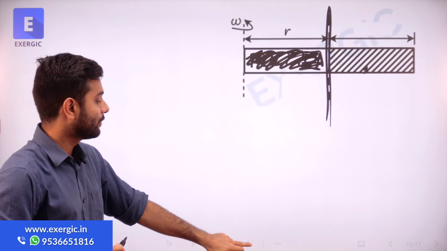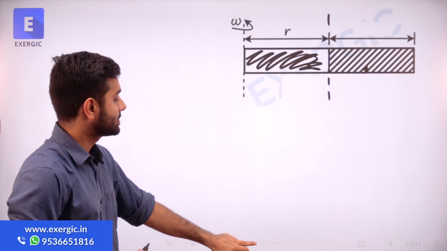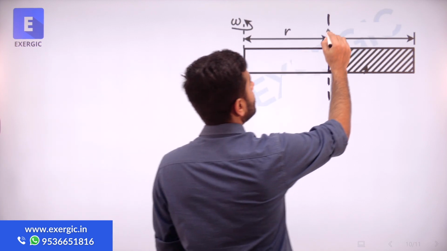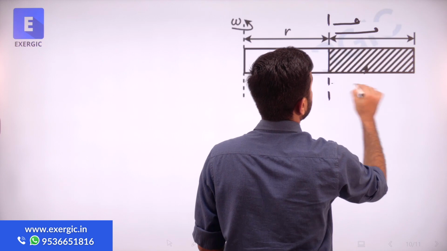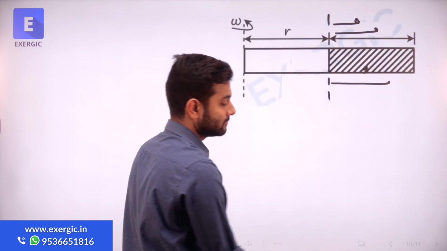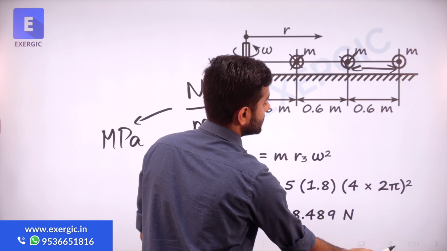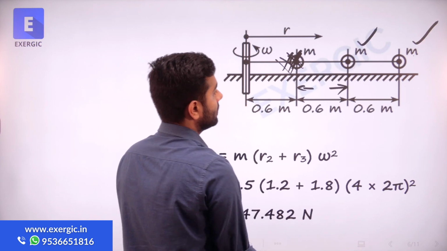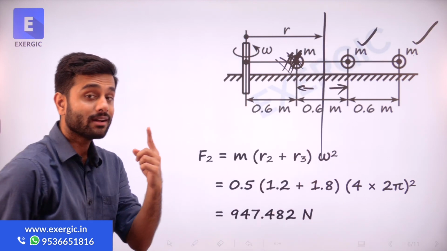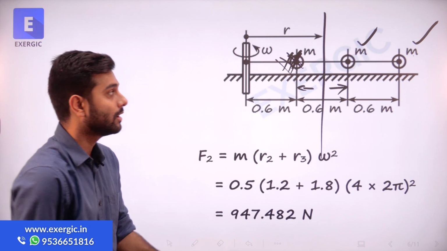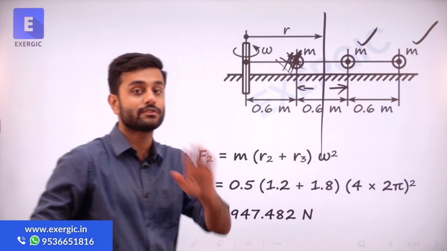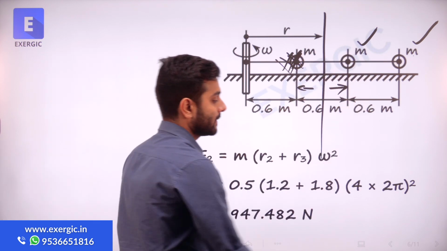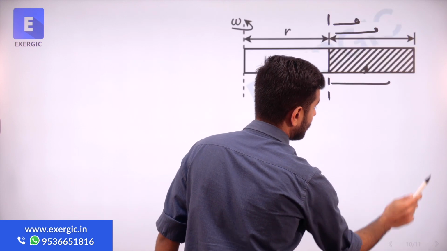But the centrifugal effect of any mass which is existing beyond this section will be felt. Again, the same discussion that we did here: at this section, we were experiencing the centrifugal effect of this and this mass, which were beyond that section. So same concept we are going to apply here.